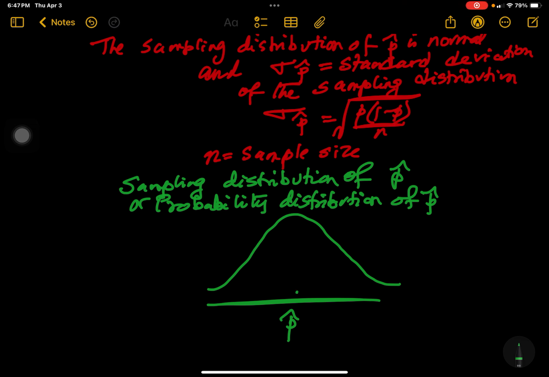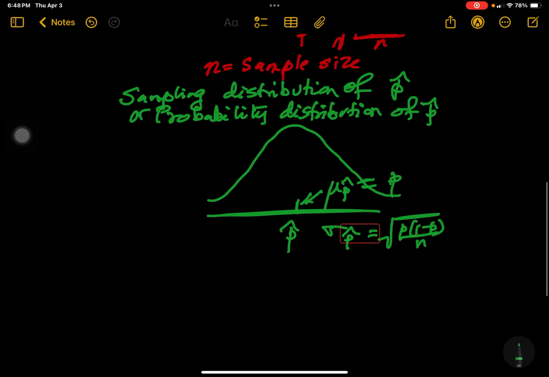Now its center, where the peak is the highest, is mu p hat, the mean, and this is equal to p. Further, the standard deviation of this curve is the square root of p times 1 minus p over n. I also mentioned p is the population proportion of success.